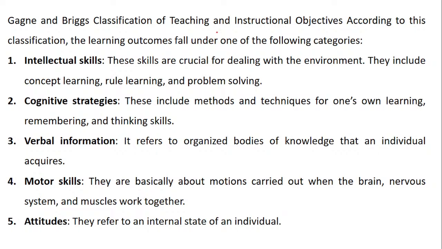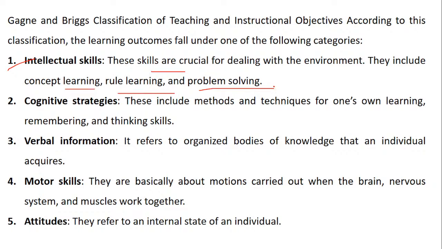When we talk about instructional objectives, they fall under the following categories, that is intellectual skills. When we talk about intellectual skills, no doubt they are crucial in order to deal with the environment of teaching learning, and they include concept learning, rule learning and problem solving.